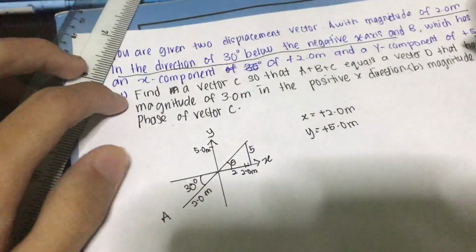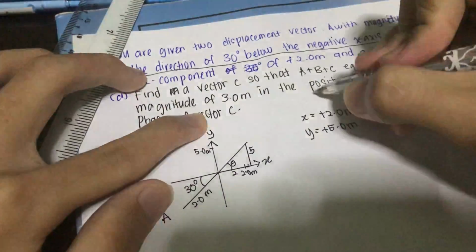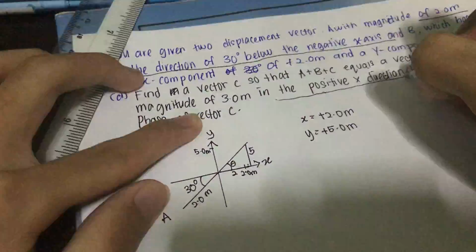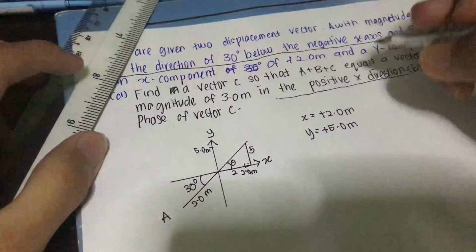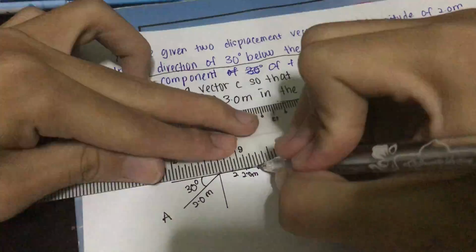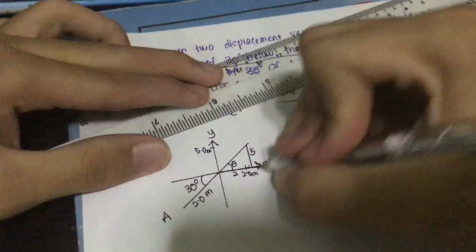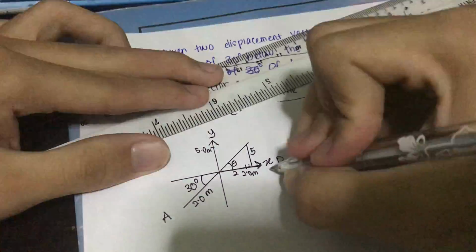And we have vector D, which has a magnitude of 3 meters in the positive x direction. So x is positive, and we have vector D at this point. This is D with 3 meters.